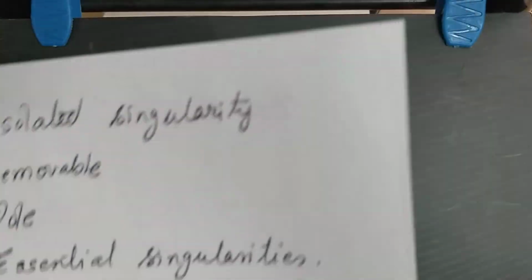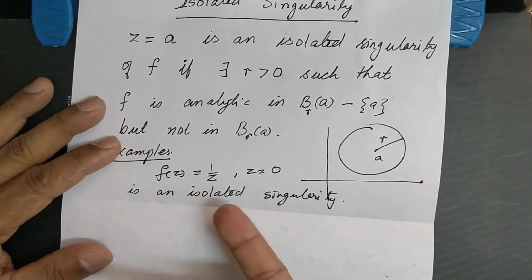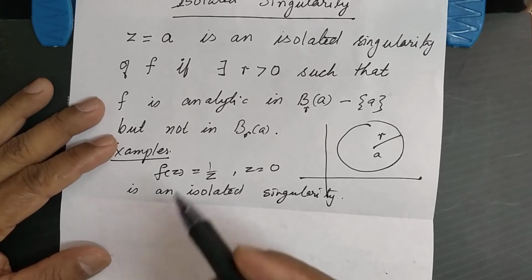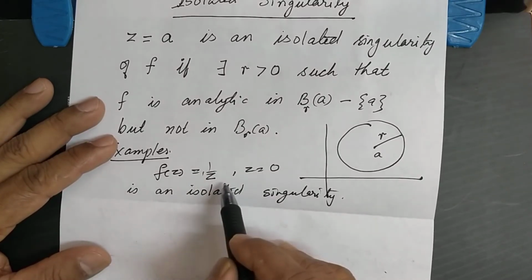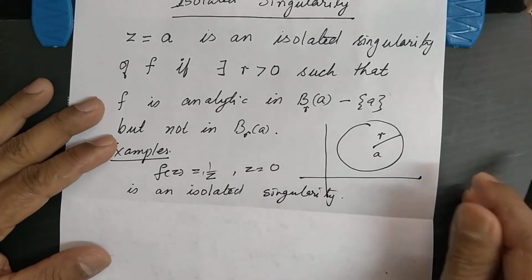Example. So f of z equal to 1 over z, this itself is an example. It is an isolated singularity and also a pole. So if you look at the modulus of this and let z tend to 0, the value that you get is infinity. Okay.